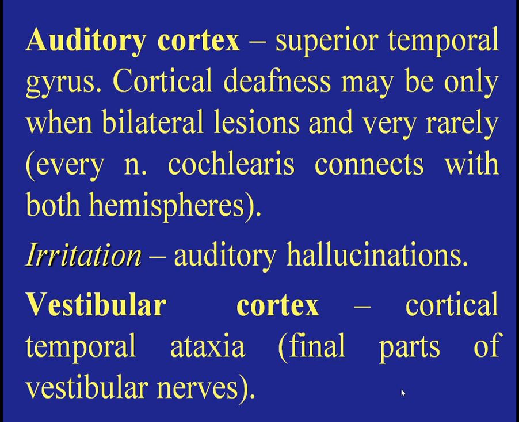And the vestibular cortex is located here in the superior temporal gyrus. In case of pathology, sometimes there may be cortical temporal ataxia, because these are the final parts of the vestibular nerves.